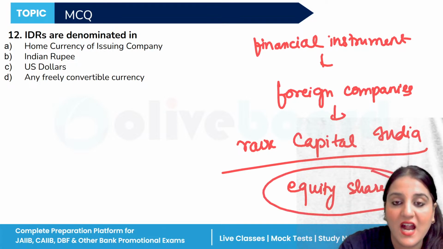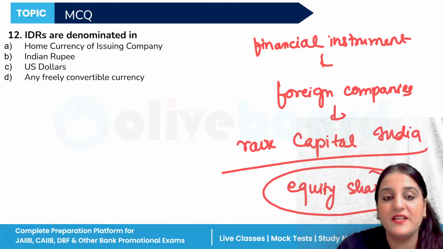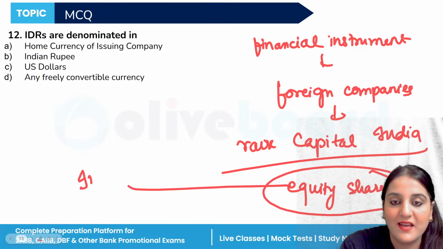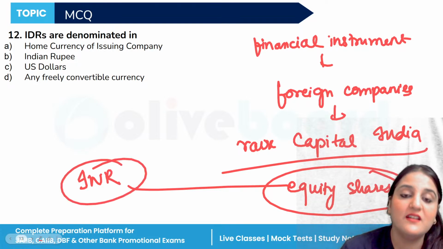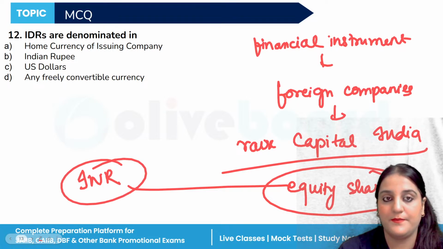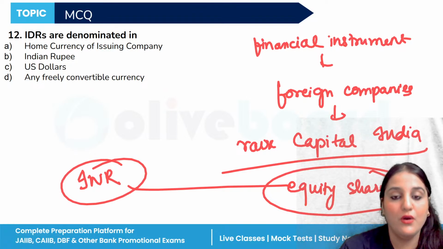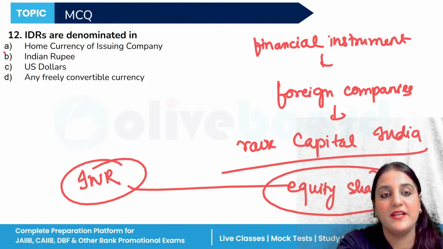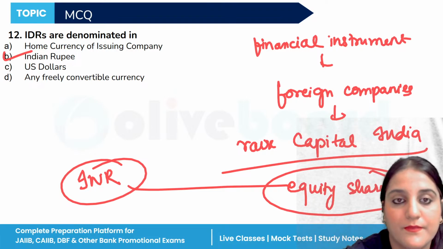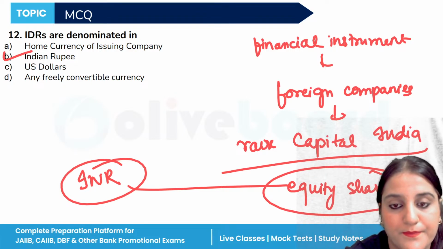These IDRs are denominated in INR, meaning that they are traded and settled in Indian currency. So, we can say IDRs are denominated in Indian rupees. Understood?